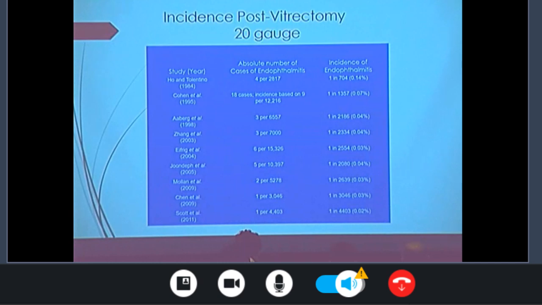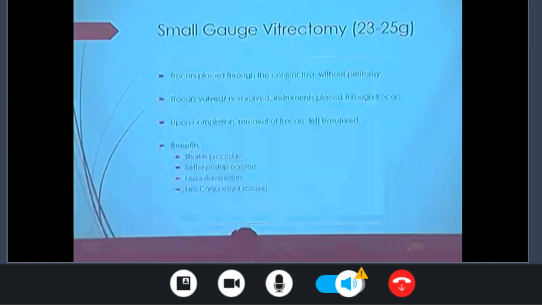Their incidence was about 0.14%, but their sample size was only 2,800 patients. Later, through the years, all the way up to 2011, the incidence slowly decreased as we improved our preoperative measures, and it stabilized at about 0.3, 0.4%.